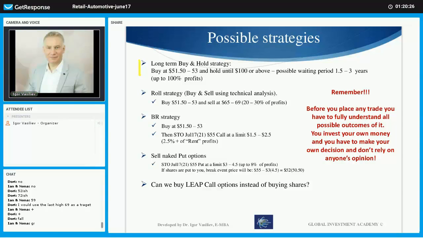Of course, if you look at some companies which we analyzed already in our classes, like for example Nike, right? What happened to Nike? Nike, when we analyzed it, was around $51. It went to 60, so it made 20% growth, and now it's back to 51. So now we can buy it again.